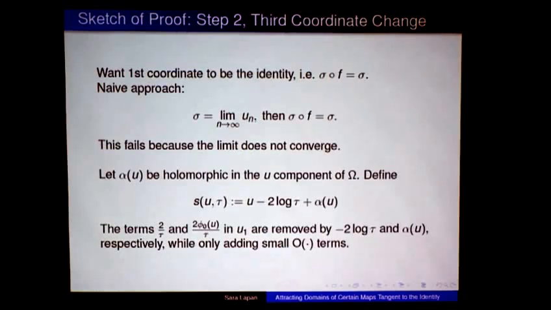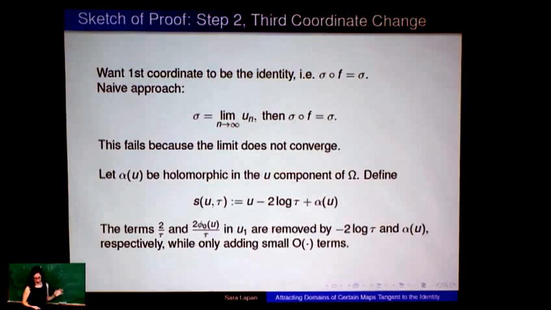The term 2 over tau can be removed by this negative 2 log tau term that we have right here, and just adding small o terms. And the 2 phi naught of u over tau can be removed by this alpha of u term, and just adding small o terms. So I'll write up what the alpha of u term is, in case you're curious.